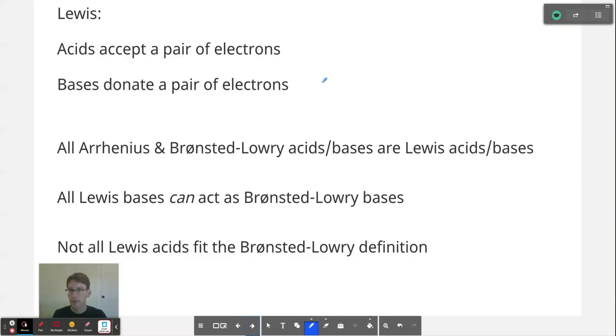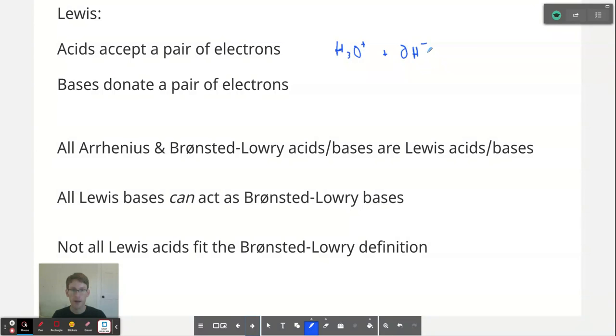A Lewis acid is something that will accept a pair of electrons, and a Lewis base is something that will donate a pair of electrons. When you think about it, we've got H3O plus, and that can react with an OH minus.